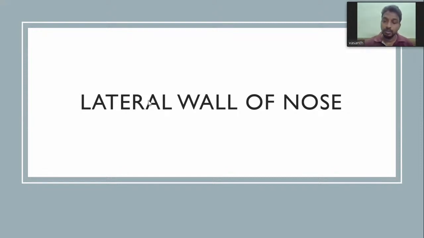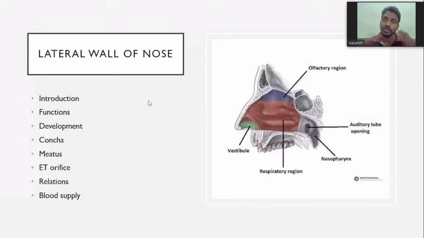Okay. So the lateral wall of the nose was very frequent, and once you think of it, what are the subheadings you get? First the introduction: what comprises the lateral wall of the nose, and what is its function? Usually the function is the olfactory function, which is at the roof of the nose, the olfaction area, and then the vestibule of the nose, which has hairs and plays a vital role in humidification and in preventing foreign body entry.